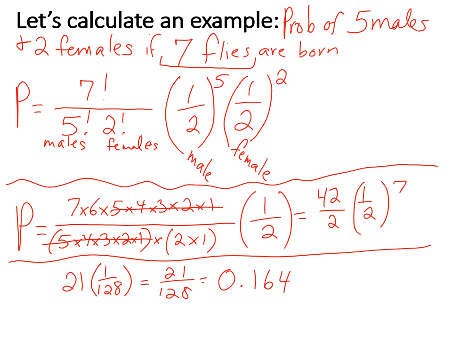And then to convert that to a percentage, because probability is the percent chance of something happening, how do you convert a decimal to a percentage? You just multiply by 100. Okay, so that's equal to 16.4% chance of having 5 males and 2 female flies born if 7 flies are born in total.